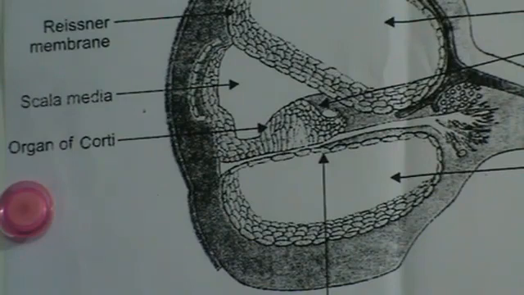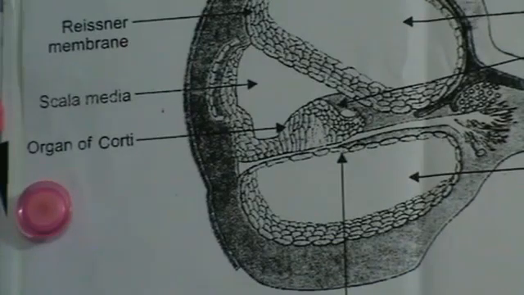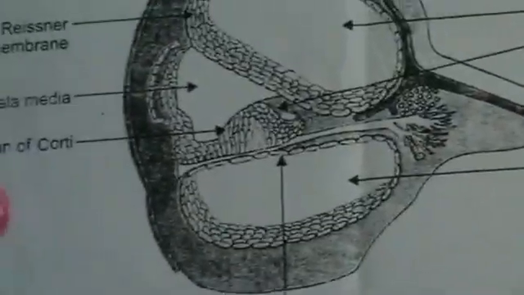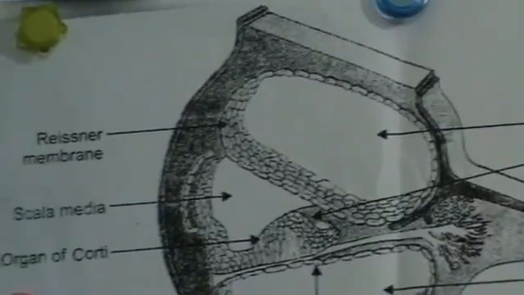As the vibrations are transmitted to the basilar membrane, as it moves up and down, the hair in the basilar membrane would vibrate, right? Their equilibrium would be disturbed. These vibrations would then set up nerve impulses, and these nerve impulses would be carried to the auditory area. That's how hearing is done, right?